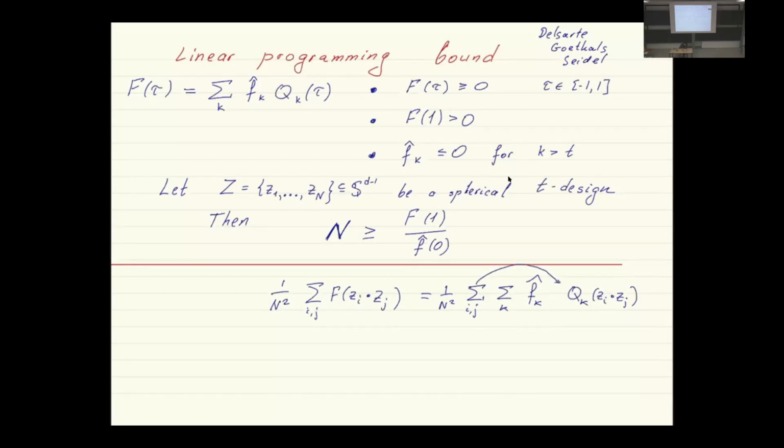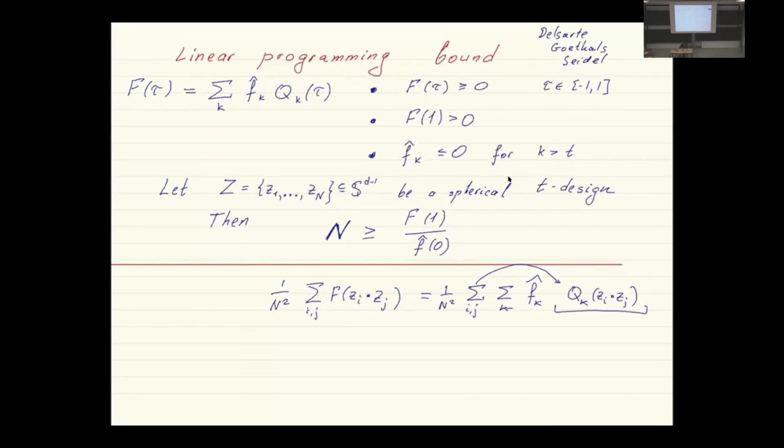Okay. And this sum is non-negative, right? And if the coefficients are, so first of all, you can drop all the coefficients below t, because if we assume that this is a spherical design, all the coefficients below t give you 0.